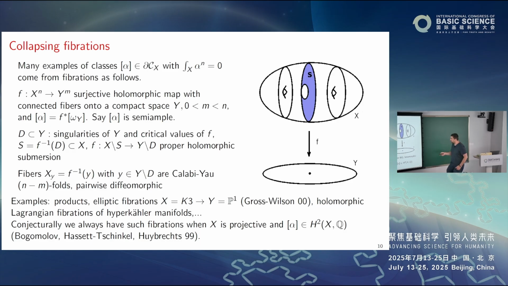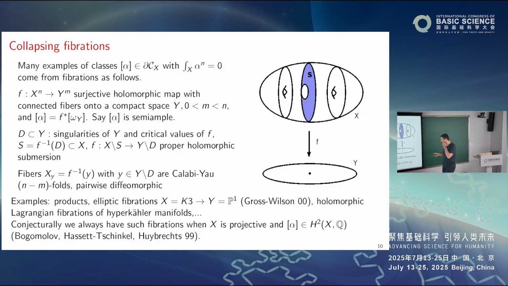There is a higher dimensional version of this K3 picture for hyperkähler manifolds, which have a holomorphic Lagrangian fibration onto half-dimensional projective space. And there are many other fibrations where the fibers are not tori. So I should say that in these fibrations the fibers are tori, but there are many other ones where the fibers are arbitrary Calabi-Yaus.